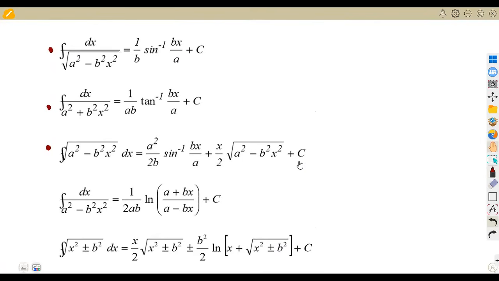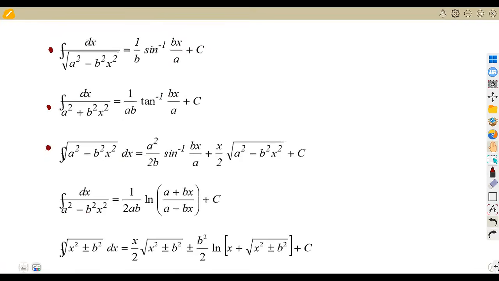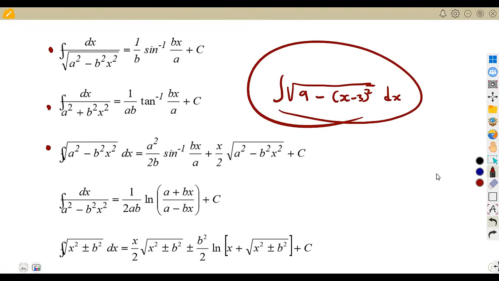Remember our question, we are at a stage where we are supposed to integrate the square root of 9 minus the bracket of x minus 3 squared. This is the stage where we are. So which of these is going to match exactly the way we are given here?